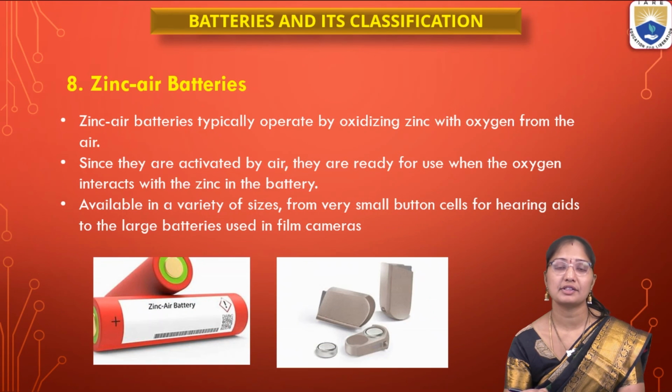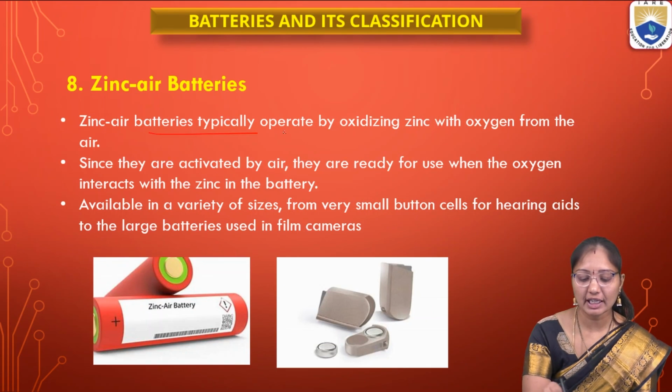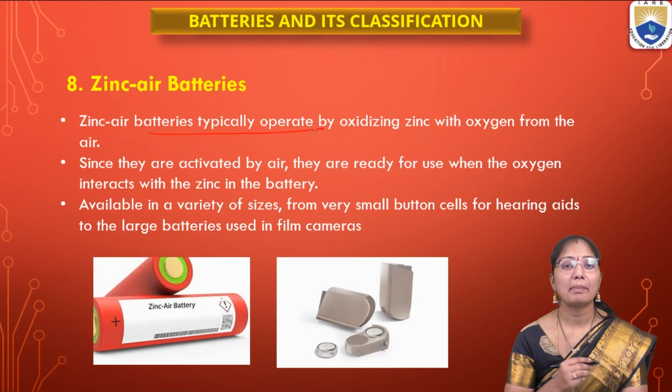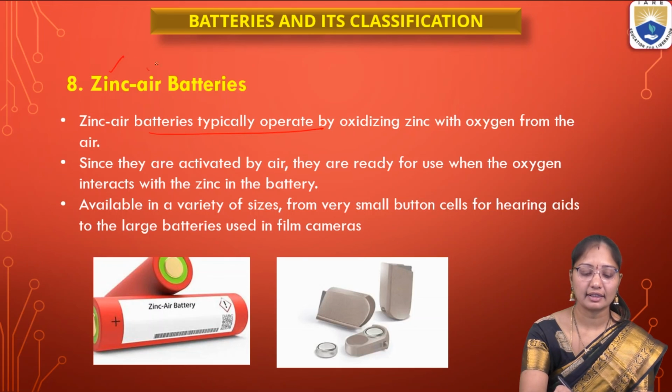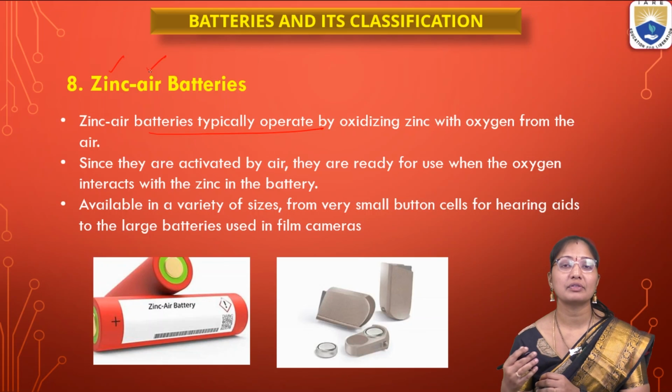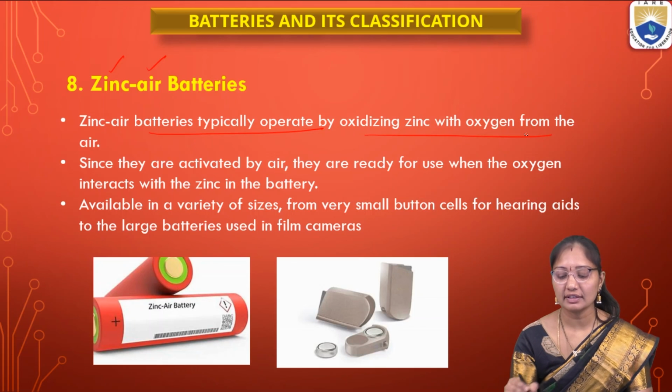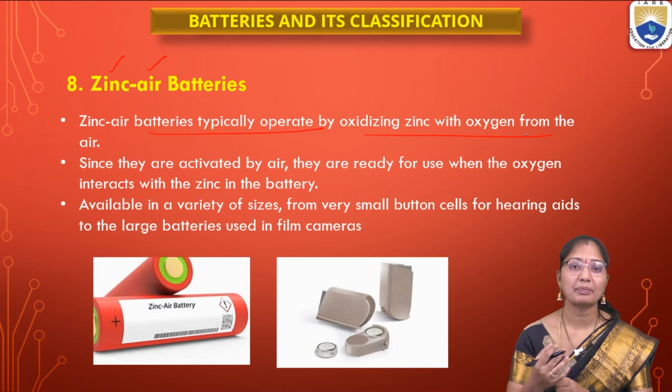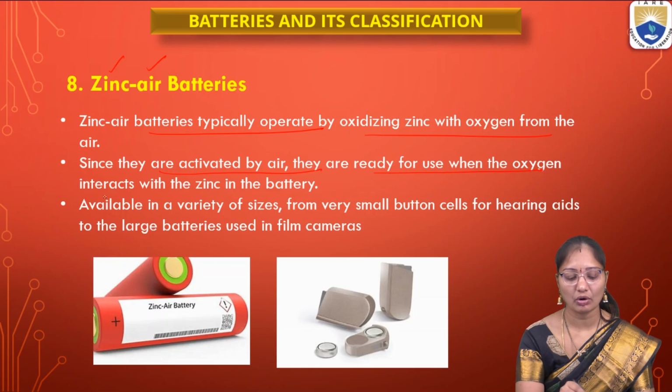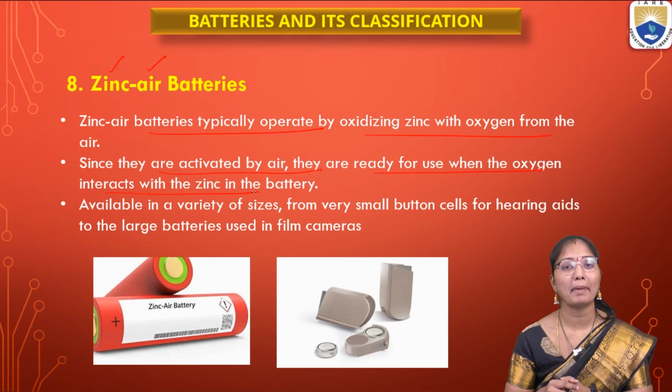The next type is zinc air batteries. Here the zinc is going to react with the air, oxidizing zinc with oxygen from the air. Since they are activated by air, they are ready for use when the oxygen interacts with the zinc in the battery.